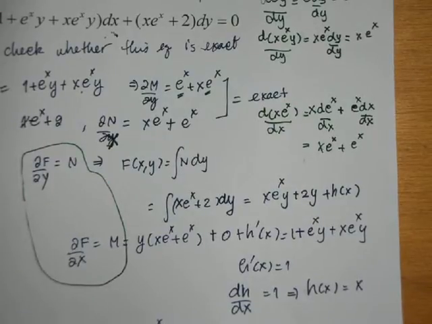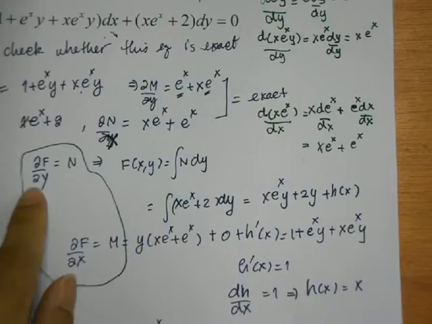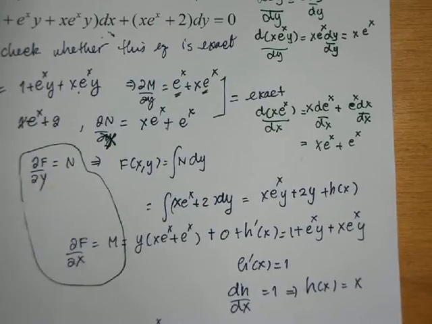So we do the partial derivative of it. Anytime that you do the derivative of f with respect to y, you look at x as a constant. And any time that you do the derivative of f with respect to x, you take y as a constant. So if you integrate each term, you would get the whole function f.